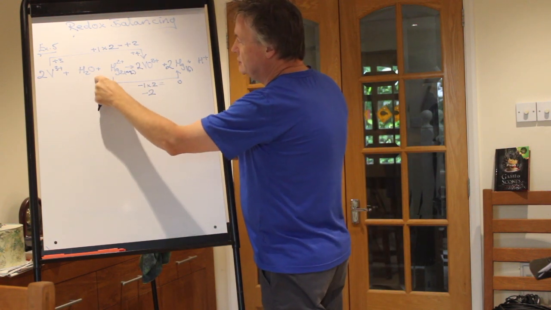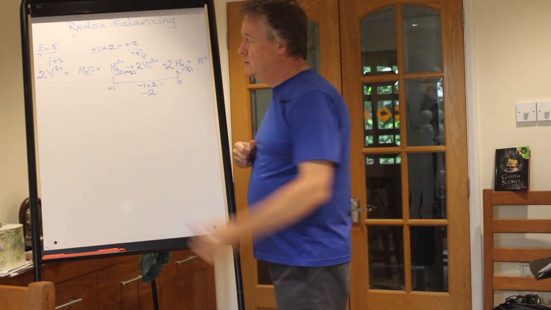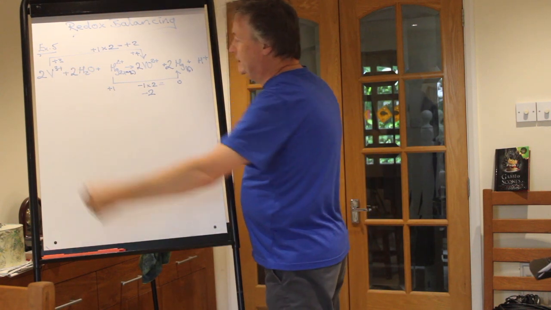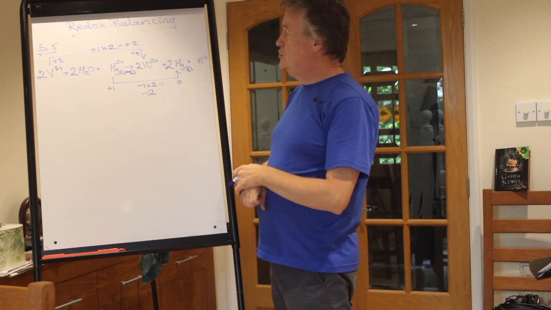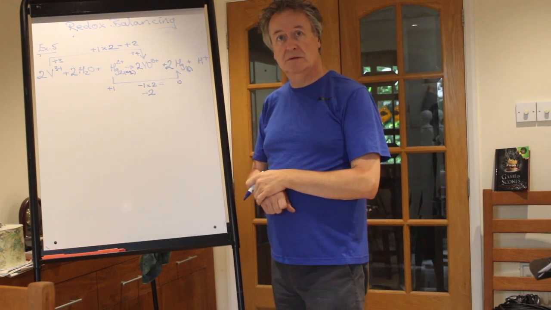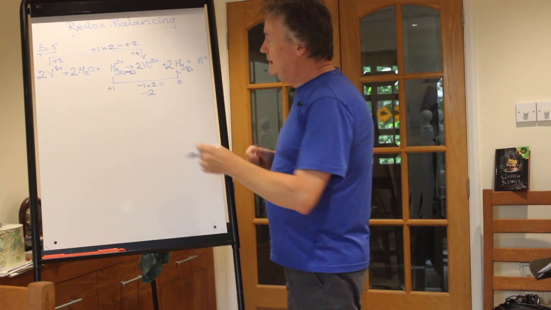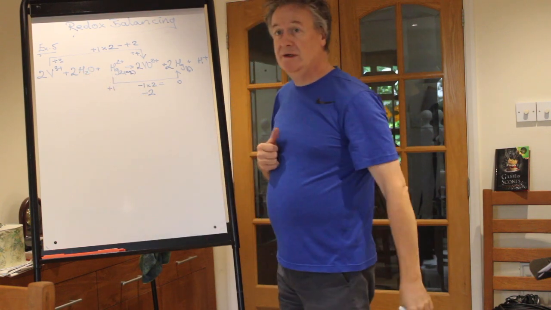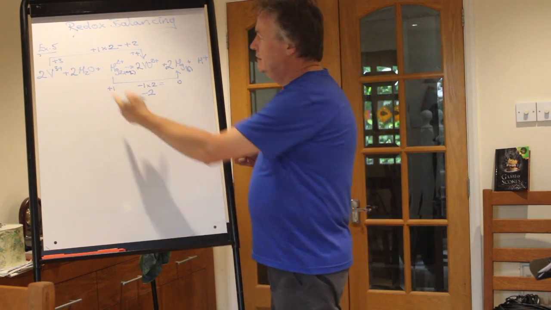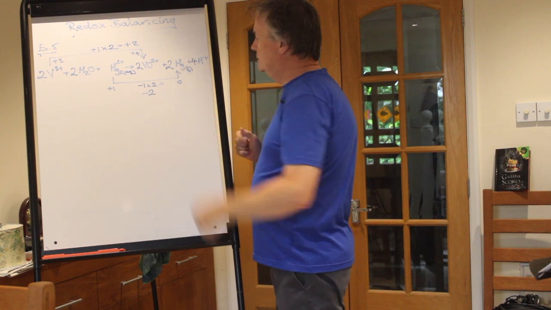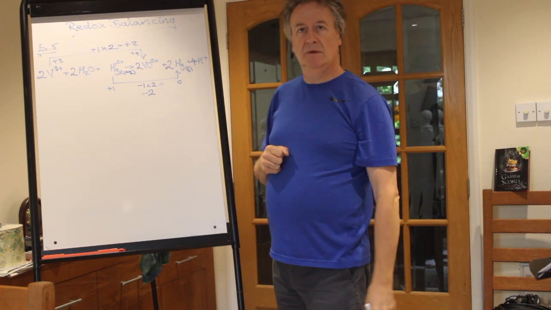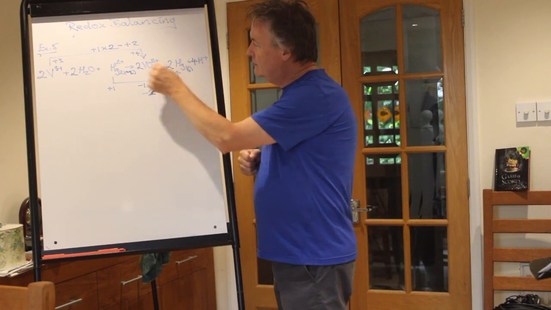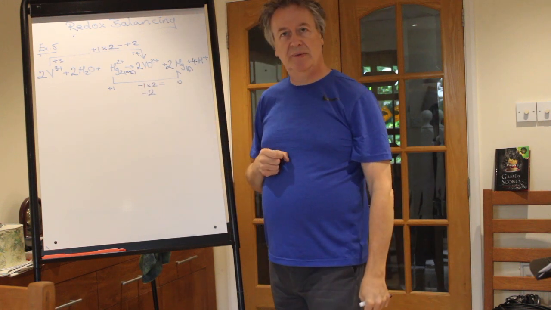Now the only place you source oxygens on the left hand side is water, so there needs to be 2 waters. And when you look at that, you go, now there are 4 hydrogens, which is the next stage on, 4 hydrogens.